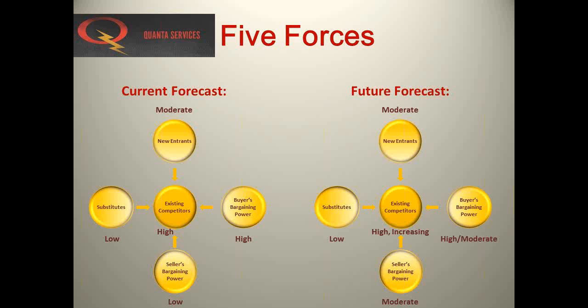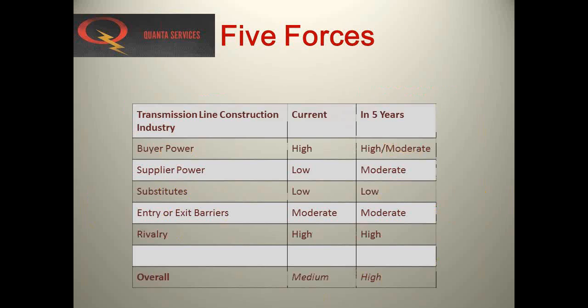Because we're moving towards a more technical sort of field with these new technological innovations, it will decrease buyer power a little bit because they will need more specialized companies that will be able to provide these services. But again, with the demand rising, competition will be high. So again, this is just a brief overview of the things that we project to see changing. Competition high, and buyer power sort of decreasing a bit, but other things remaining relatively flat.